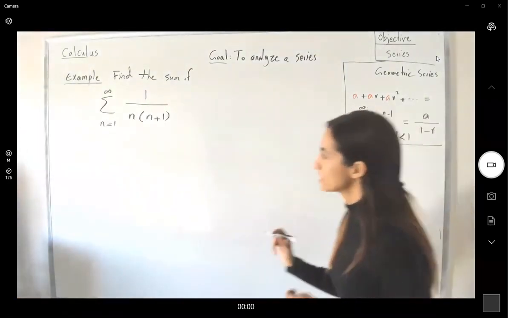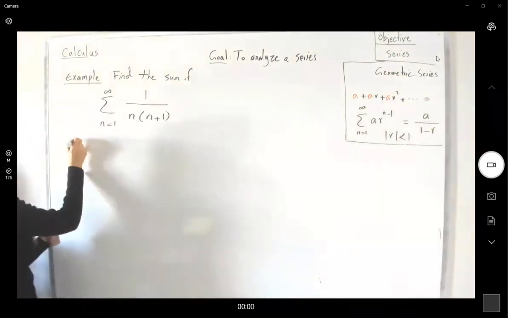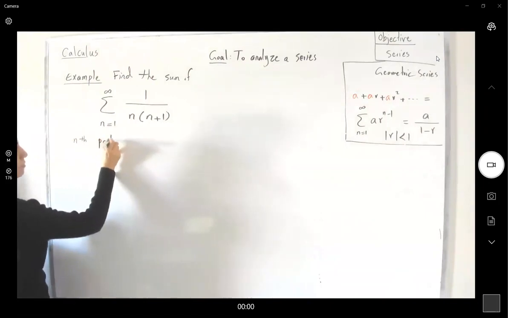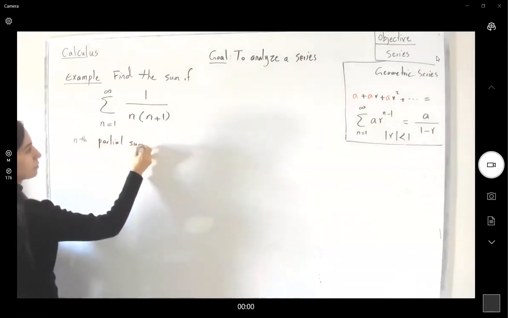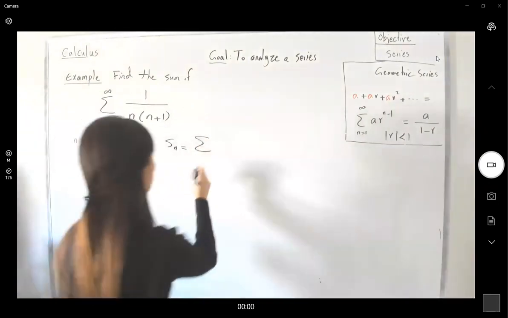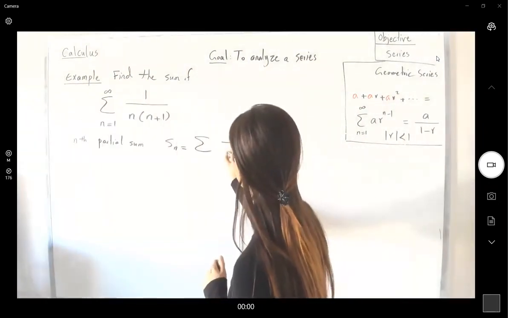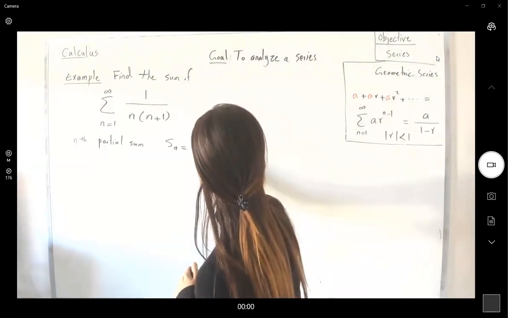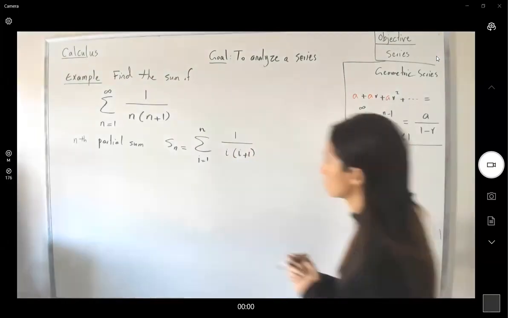First of all, what's the nth finite sum? The nth partial sum S sub n is defined as the sum of 1 divided by i times i plus 1, i starts from 1 to n.